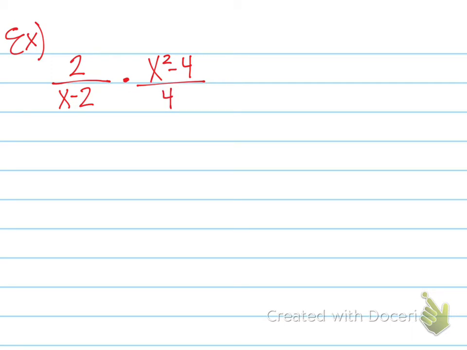Now, first, looking at the first fraction, can you simplify the number 2? No. Can you simplify x minus 2? No. Looking at the second fraction, can you simplify x squared minus 4? Yes. Can you simplify the number 4 on the bottom?